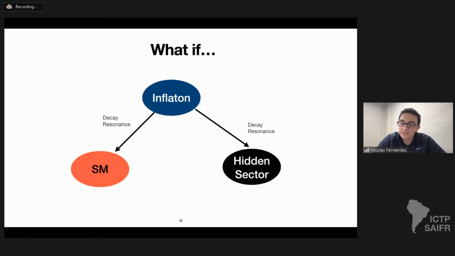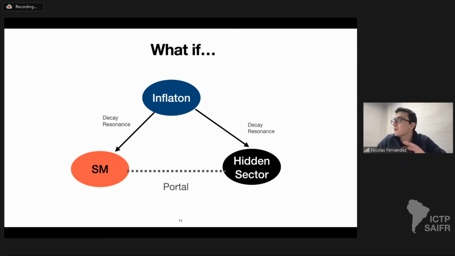And it would be more interesting if we have a portal between the hidden sector and the standard model, which could change the hidden sector population, or inject some energy from the standard model to the hidden sector.